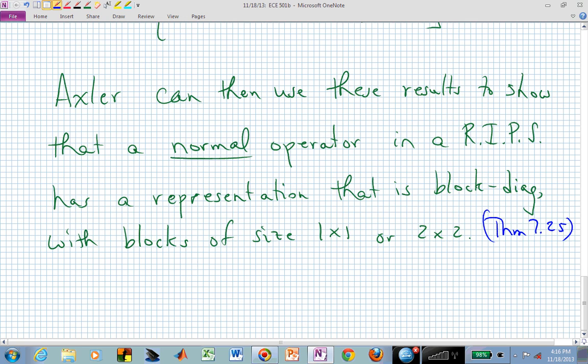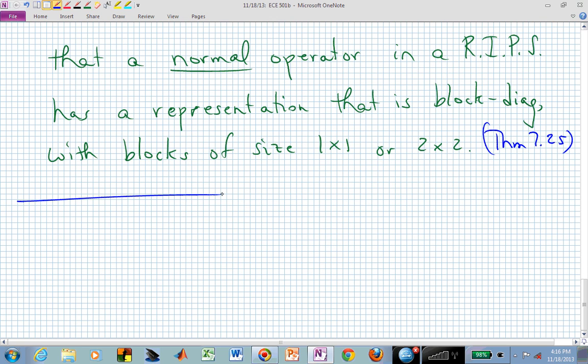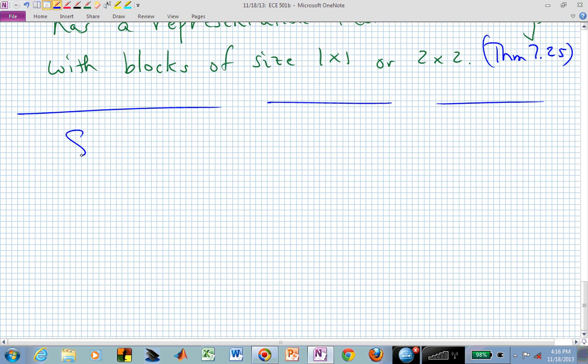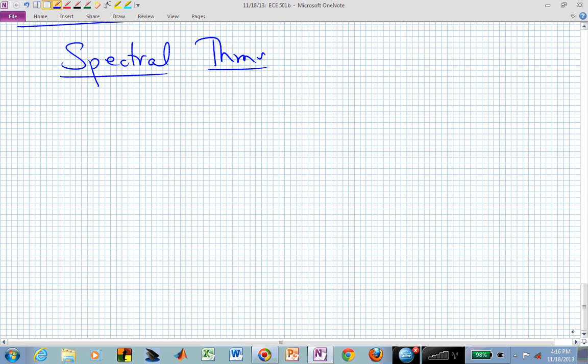With that result, we can really represent all of these spectral theorems in 3 different pieces. So let's summarize what our spectral theorems give us.